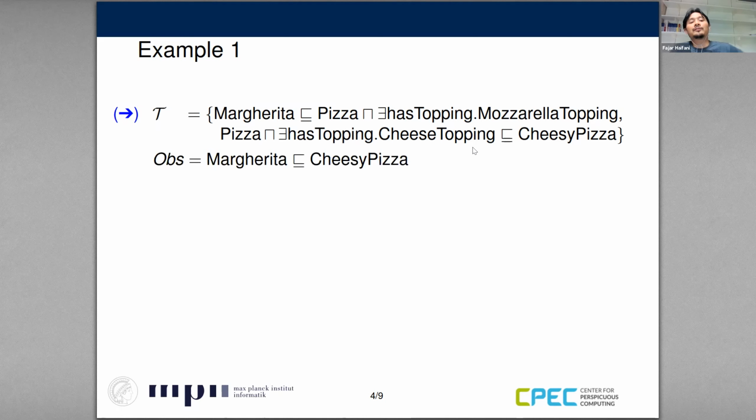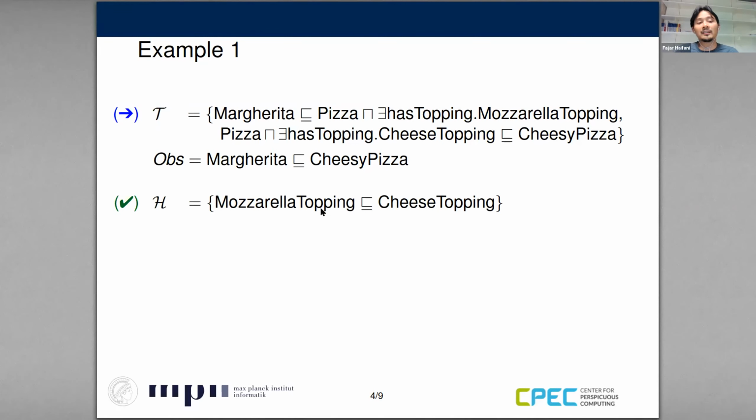Suppose also we have the following observation: margarita is a cheesy pizza, which is not entailed by T. It is not so hard to see that mozzarella topping is a cheese topping is actually a consistent abductive solution, because you can replace mozzarella topping in the first axiom with cheese topping, and then you have that margarita is a pizza with cheese topping, which in turn is a cheesy pizza, and you can show the observation.